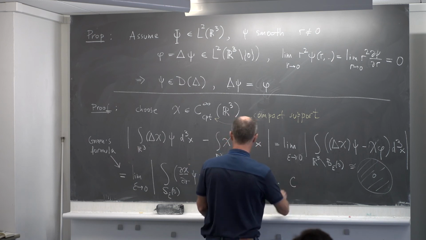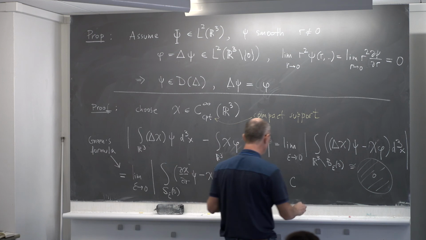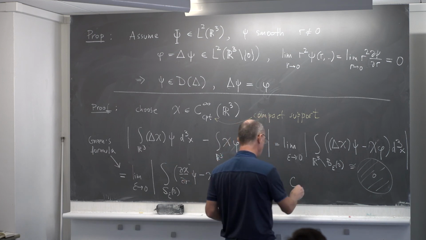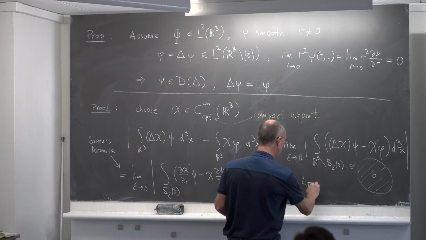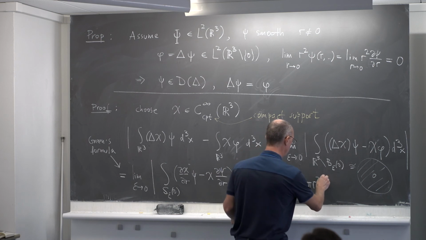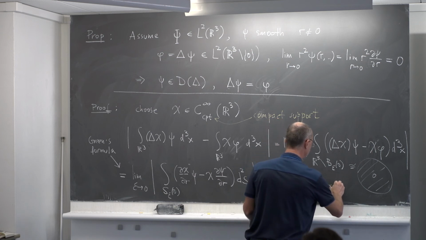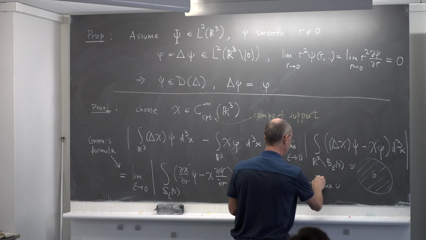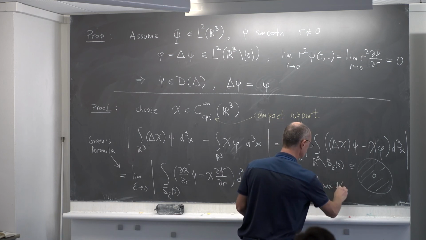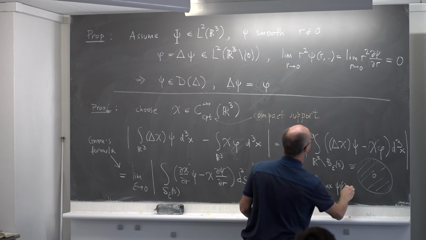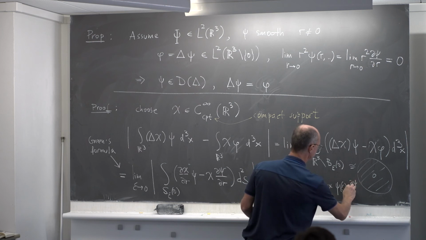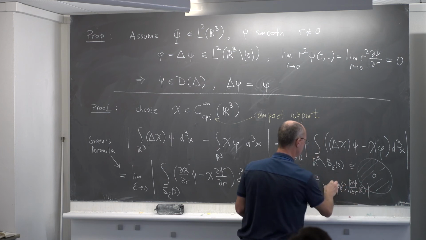And so there is a constant, which is a common bound for the derivative and for chi, times the area of the sphere, and times the max of, maybe here I should say epsilon squared, psi of epsilon, d psi over dr of epsilon.